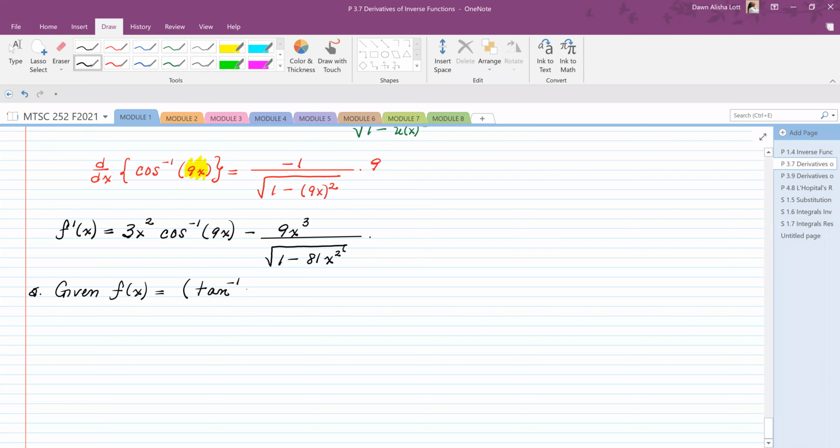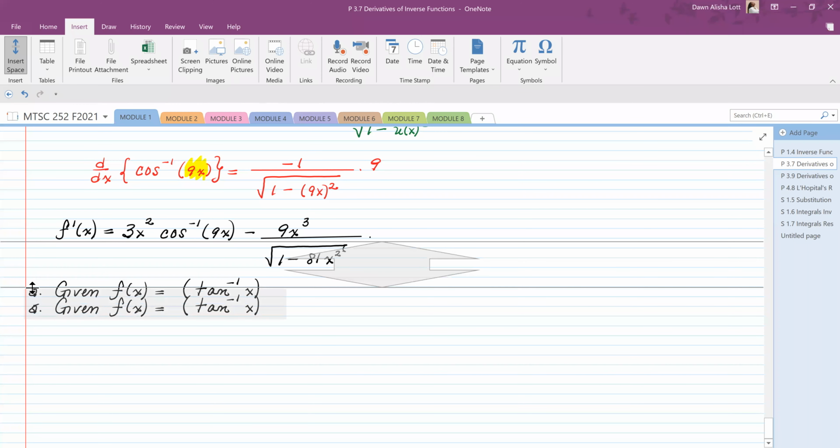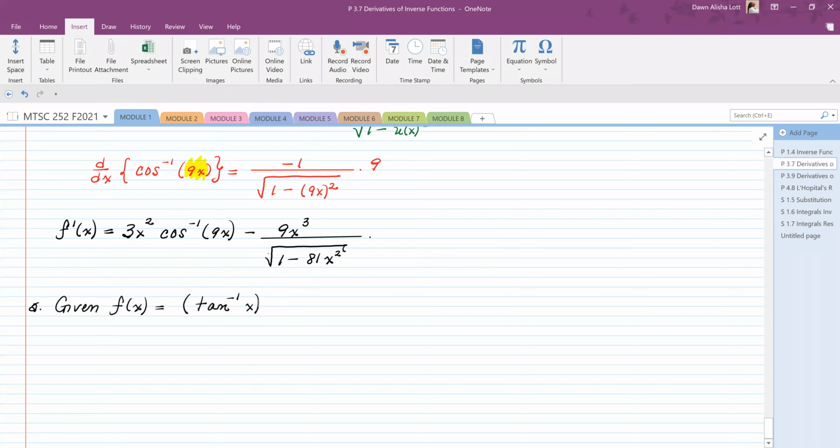I won't make it too tough. The tan inverse of x to the 4th power. Find f prime of x. So now I have a chain rule going on.